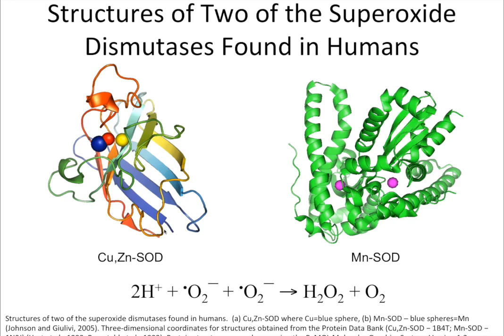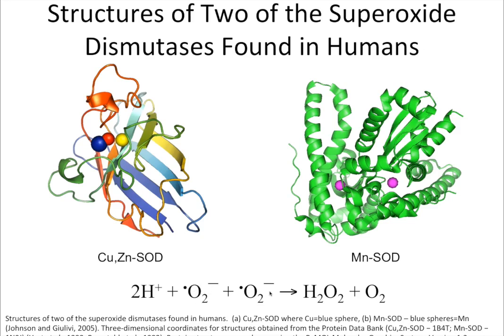Essentially, both of these enzymes carry out the reaction that's shown here. So they act as a catalyst for this reaction, where, if you remember from the last chapter, we talked about superoxide dismutase, and you essentially have two superoxide anions that are shown here.